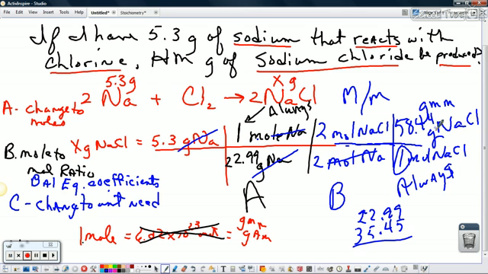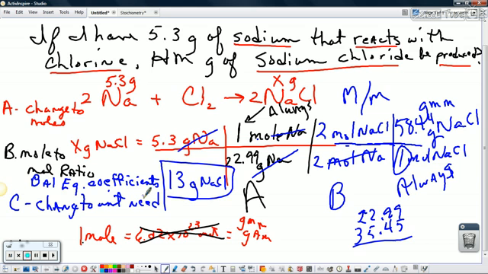So 5.3 divided by 22.99 times 2 divided by 2 times 58.44. The answer is what? How many different figures do I need? 2. So what's the answer? 13. 13 what? Grams NaCl. And that is the box answer.